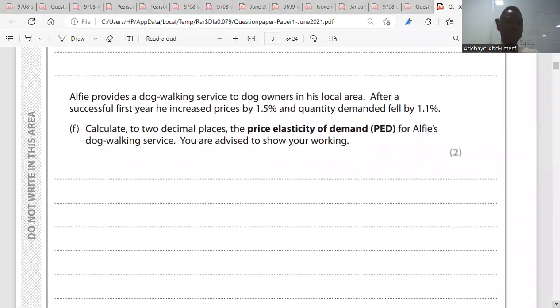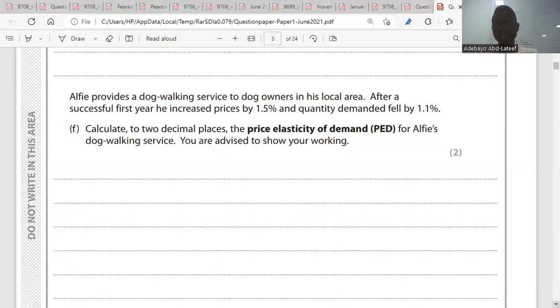They say here, Andres provides a dog walking service to dog owners in his local area. After a successful first year, he increased prices by 1.5% and quantity demanded fell by 1.1%. Before we go further, the law of demand says the higher the price, the lower the quantity demanded. So because the price has increased, the demand decreases. Now they say we should calculate, to two decimal places, the price elasticity of demand.